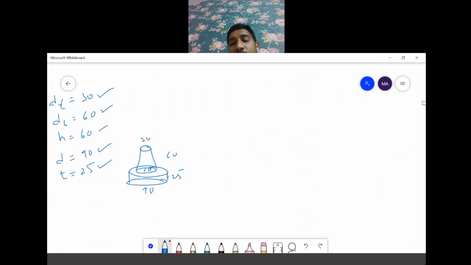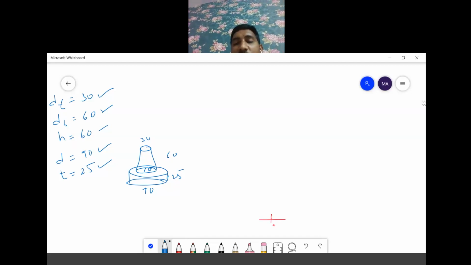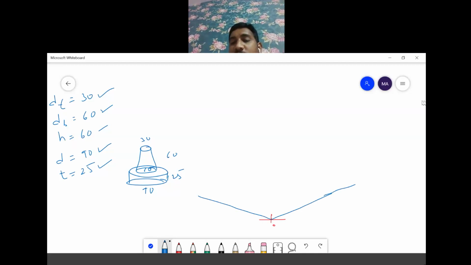So first mark the point O. From here I am marking an inclination of 30 degrees this side and 30 this side. He has given 90 mm, so I am extending it to 90 mm.